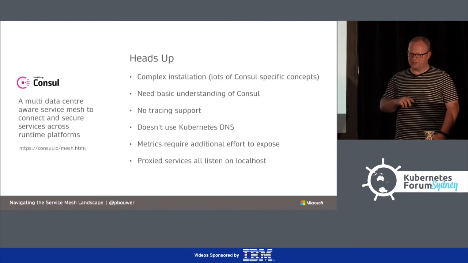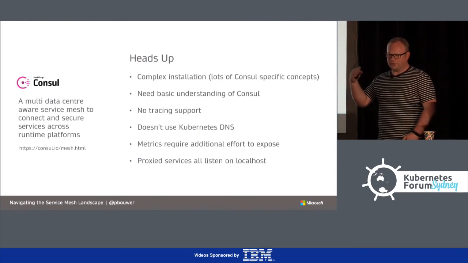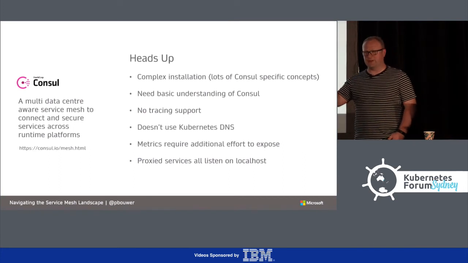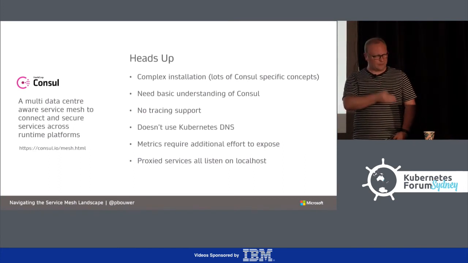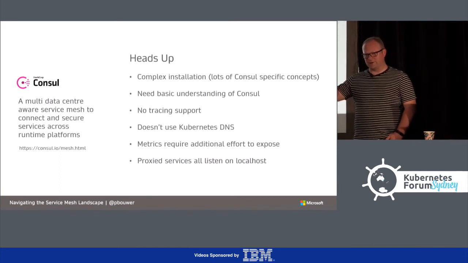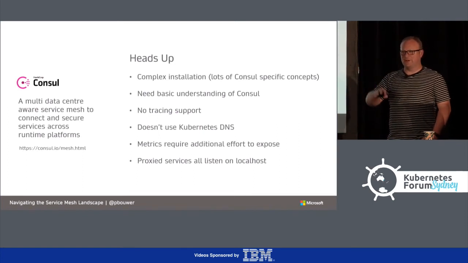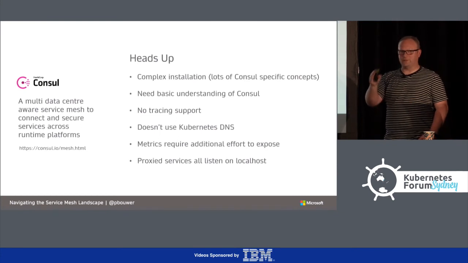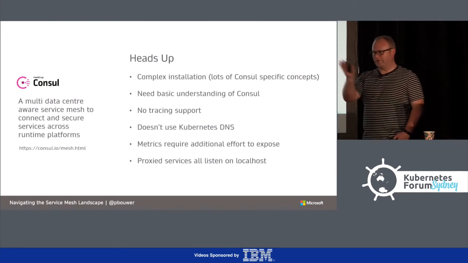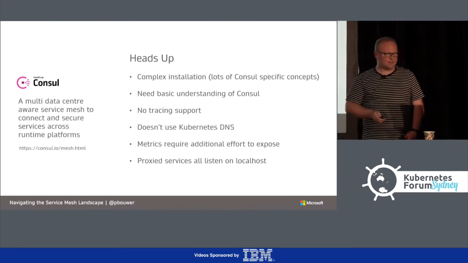With the other meshes, you can refer to workloads with their Kubernetes DNS entries, whereas with console, you need to set up indirections. So your workloads will be talking to localhost, and the proxy that console injects will then do a mapping to the actual console service, which could be a Kubernetes DNS entry or a virtual machine DNS.